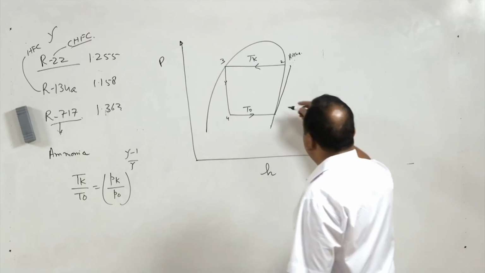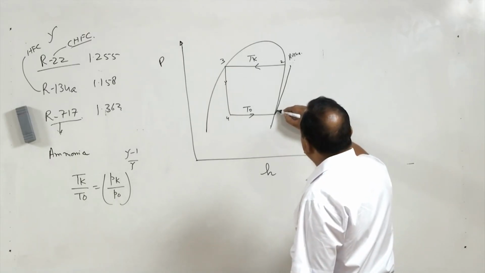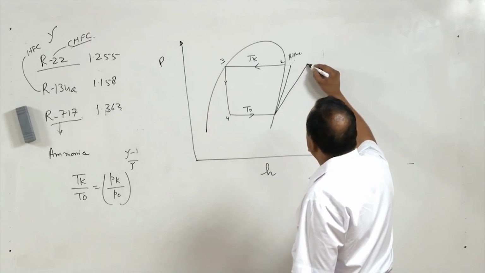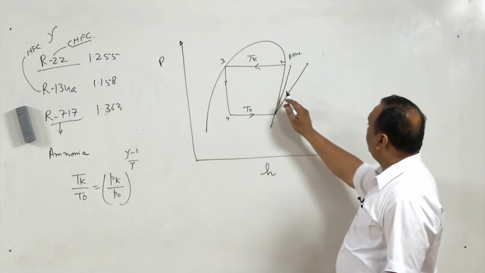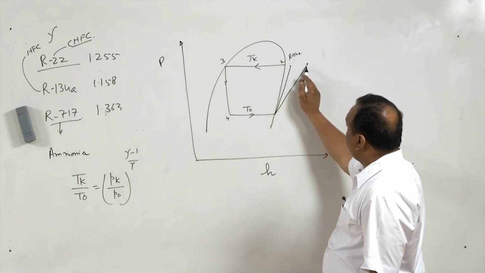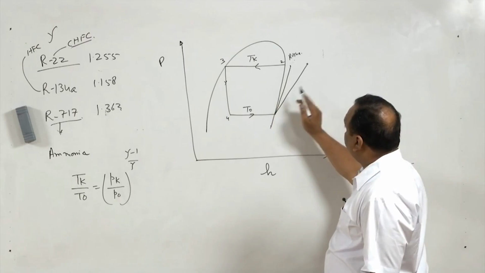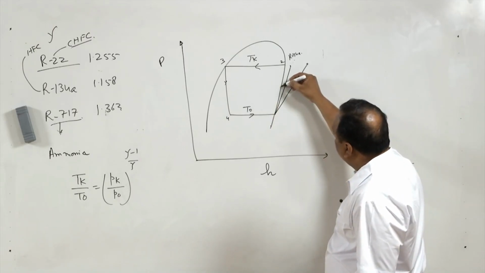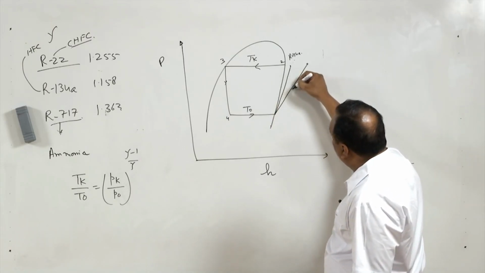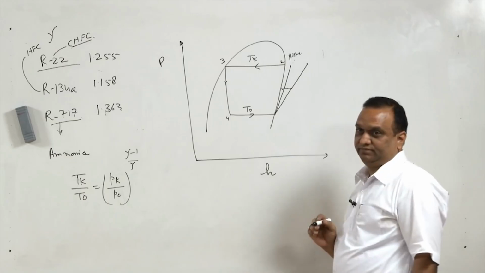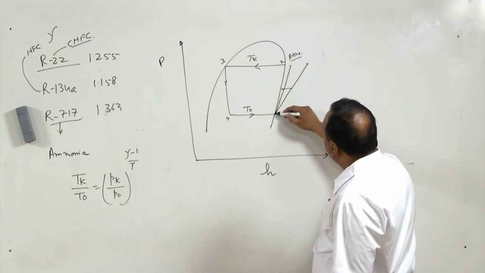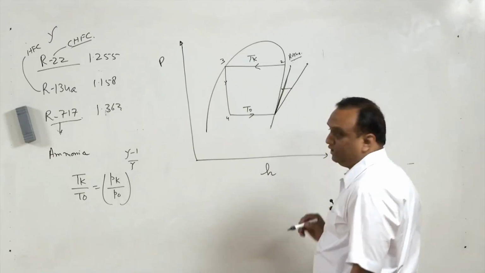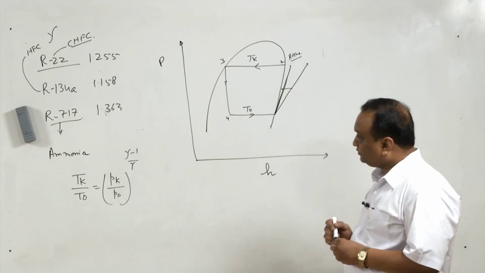It means when gamma is increased, this line will have less inclination and will end up somewhere here. Because superheating is taking place in this region, in the case of ammonia intercooling will be very effective in comparison to the case of R134A, where the compression line is very close to the saturation line.